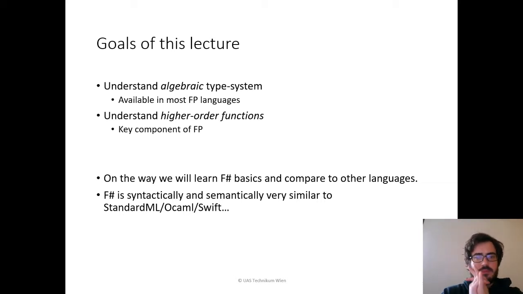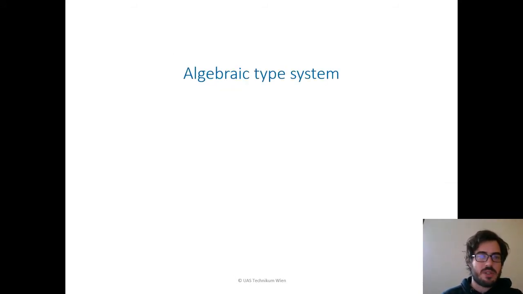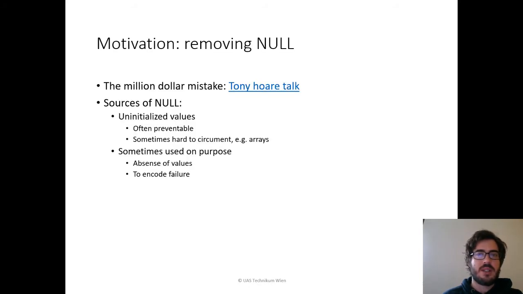So what we'll do next is look at the algebraic type system, and at some points we'll also look at other languages and how those concepts can be used in other programming languages. Let's start off with the algebraic type system, which in this case is used for removing nulls.